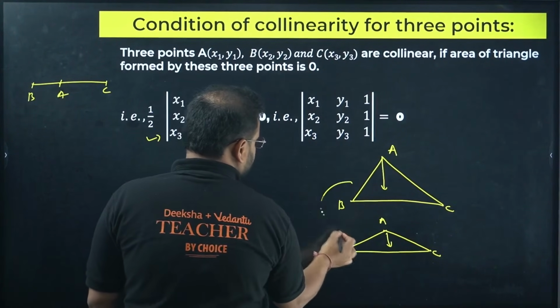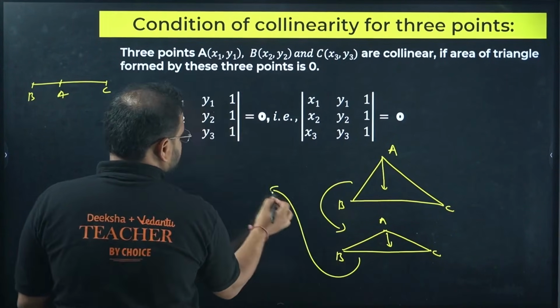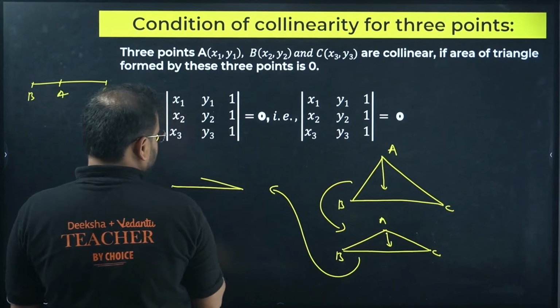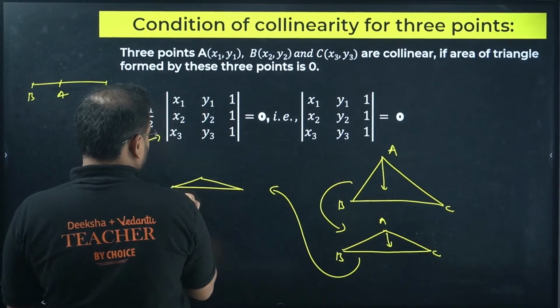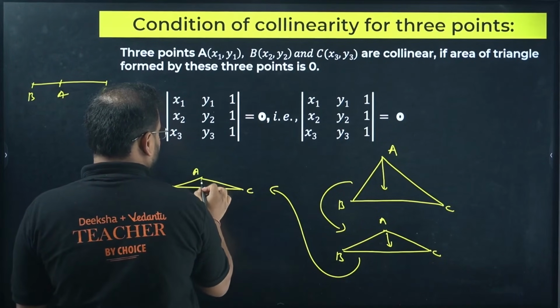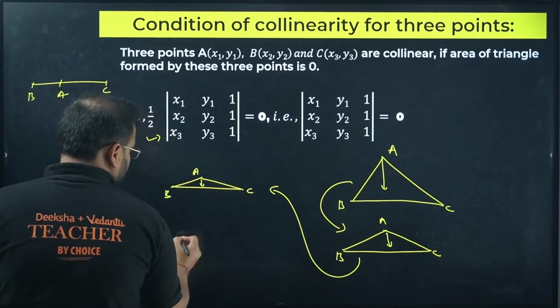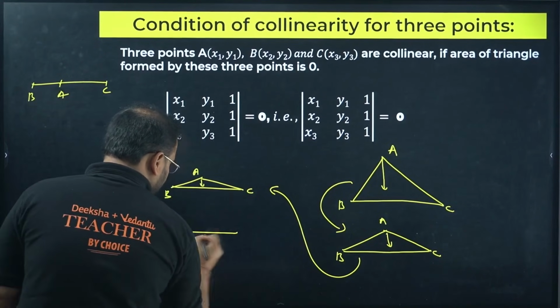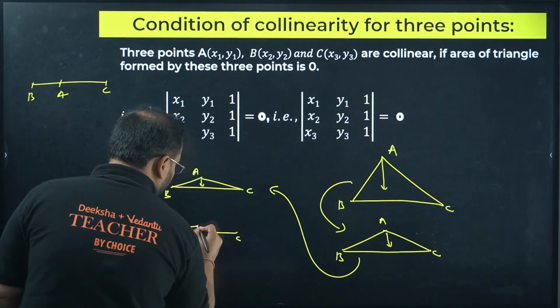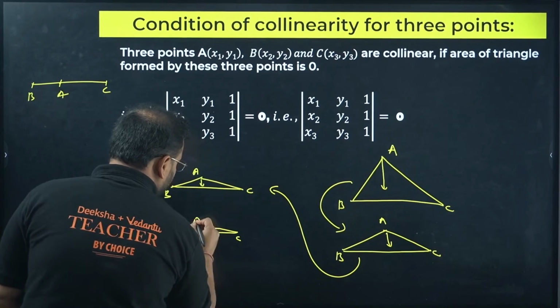So this is your first phase. Now I'm going to the second phase. Check here. Very close now it has become. So it is point B, A and C. Further move it towards this. You're gonna get something like this: the line BC and the point A just above.